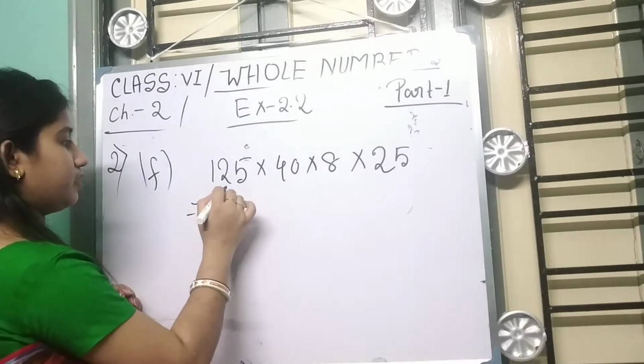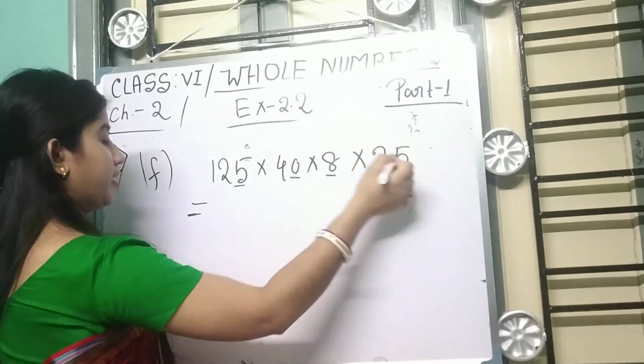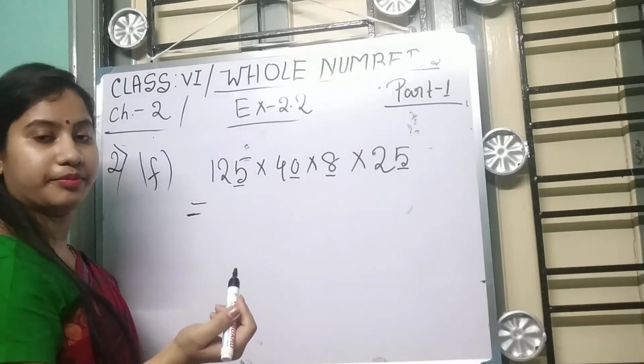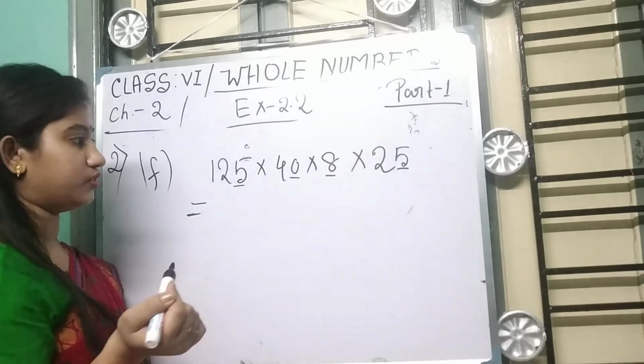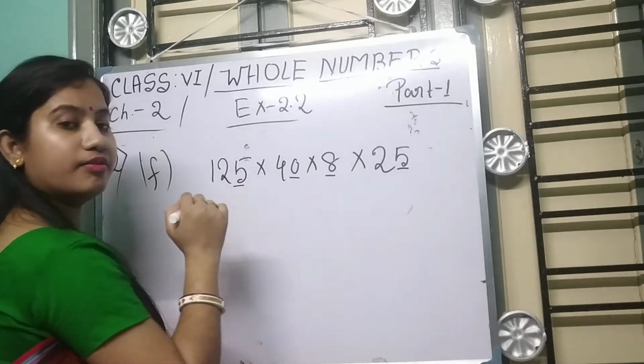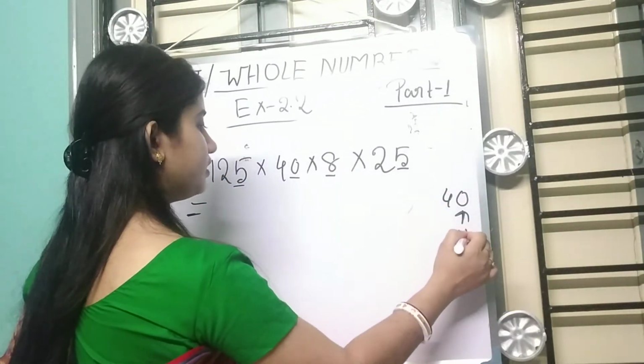Now here the ones place is 5, here 0, here 8, and again 5. Now if we multiply 5 by 5, then we get 25, not 10, 100 or 1000. So we multiply 5 by 8, then we get 40. That means 0 in the ones place.